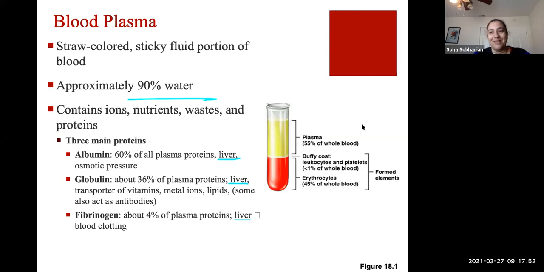It's hard to type and talk at the same time. So if I say somebody has liver disease, why do they see edema? Why do they see tissue swelling? It's because when the liver is not doing so well, it's not producing enough albumin, which means the blood is leaking its water into the tissue, and that causes the tissue to swell up. Hopefully that makes sense to everybody.